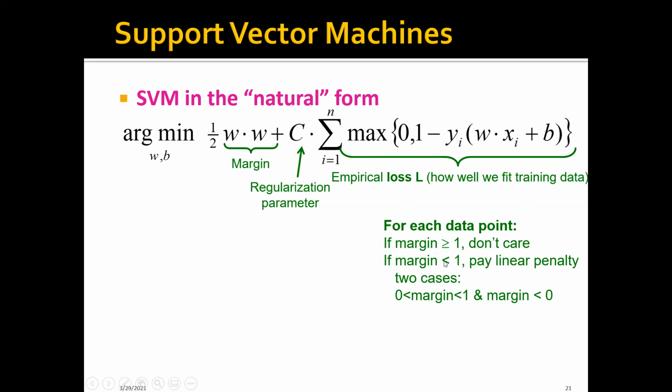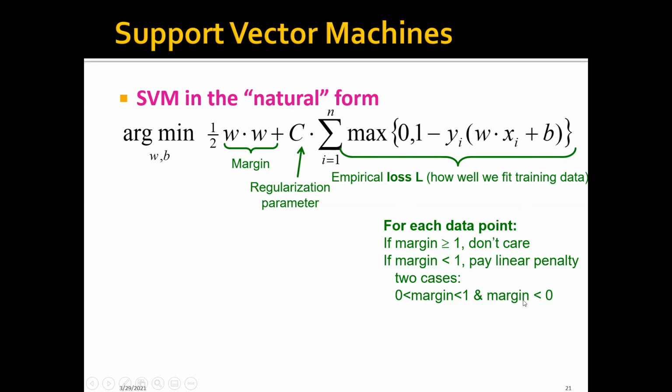But if the margin is smaller than 1, then you have to pay a linear penalty. In both cases, you need to pay the linear penalty. One is that the margin is larger than 0 but smaller than 1. In this case, the margin here would be smaller than 1, and 1 minus something smaller than 1 would be positive, so this whole term would be positive.